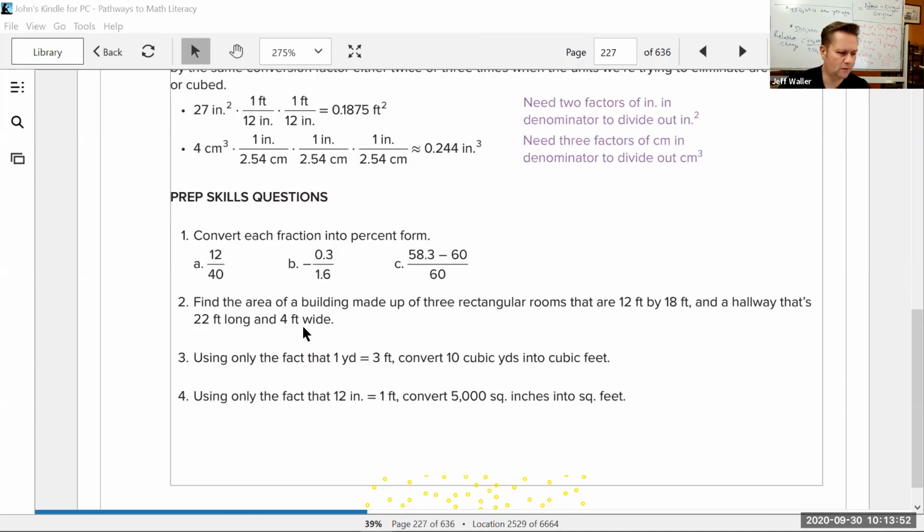I guess maybe they're thinking about carpeting this whole place, so they want to know what the total square feet is. That's all. It's a little weird. They should have said the area of the floors in a building, because you could have a volume of a building.